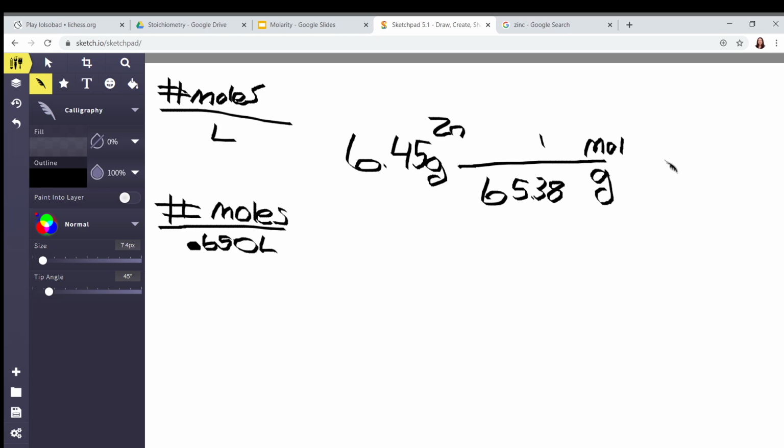And that will give us 0.0986, blah, blah, blah. We have 3 significant figures, so we need one more from our answer, 5. So that means that this one we're going to round to 0.0987.